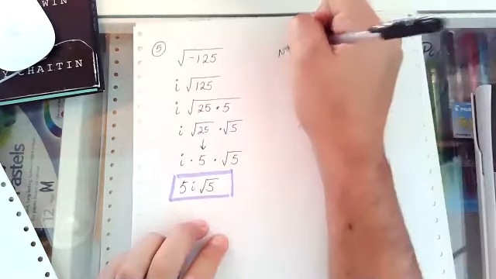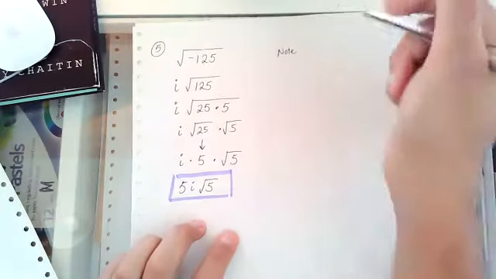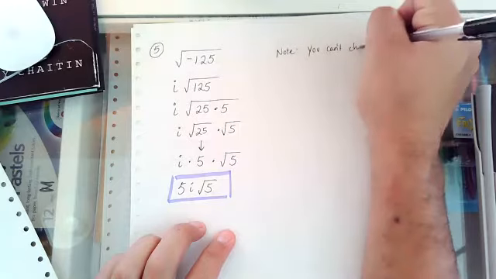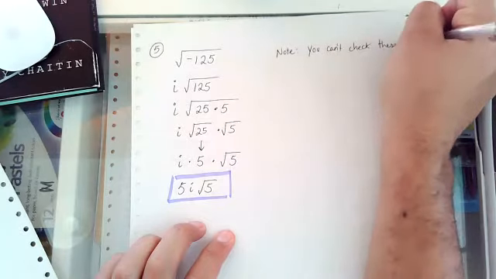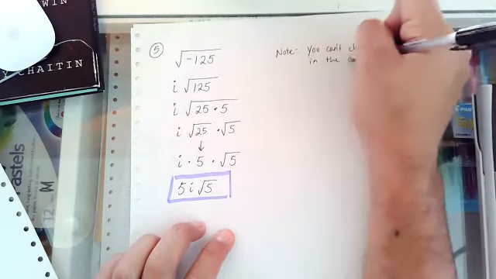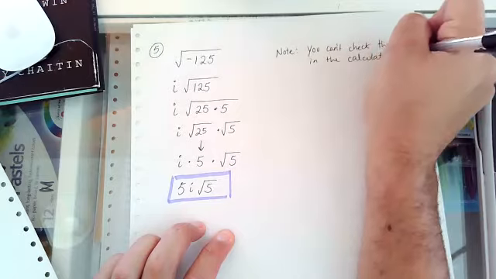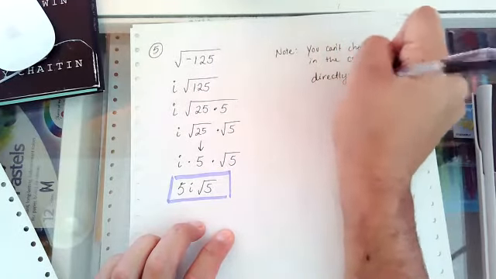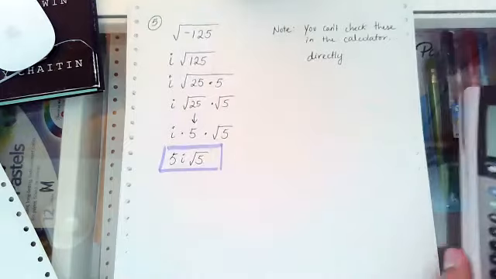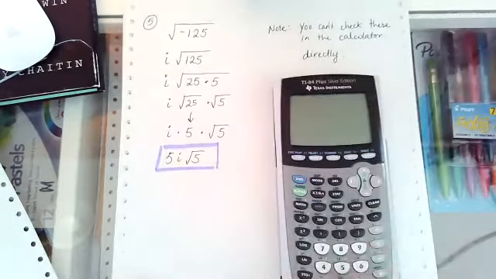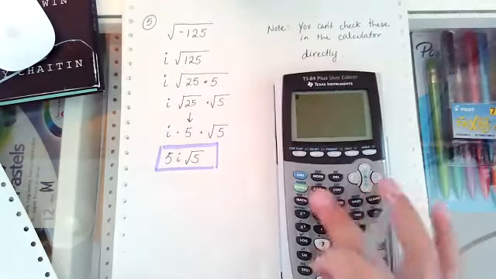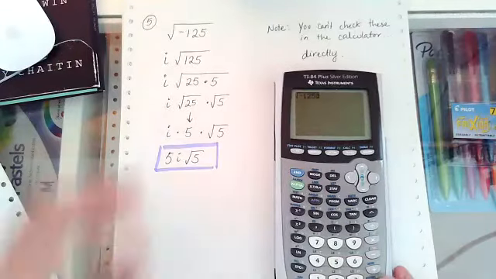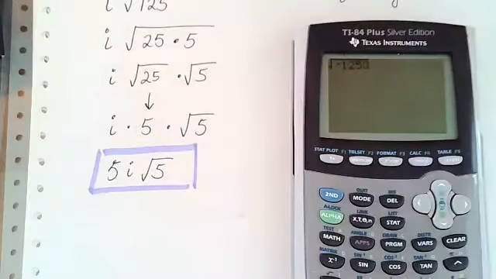One note is that you can't check these in the calculator, at least not directly. Because you'll notice that for most calculators, if you take the square root of a negative 125 or a negative number, let me go ahead and zoom in, you'll get this error.